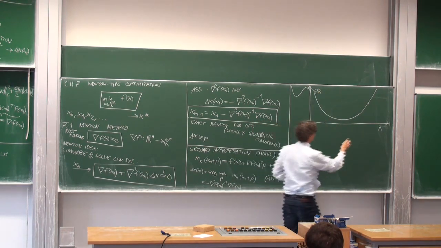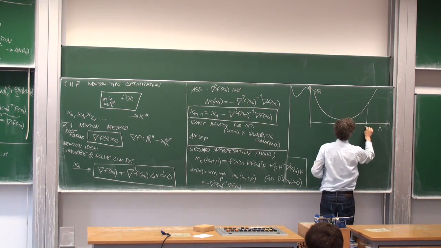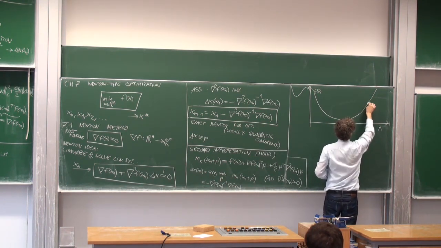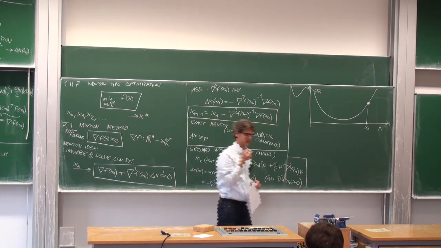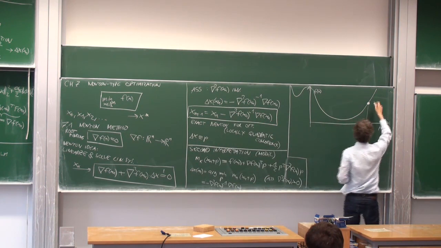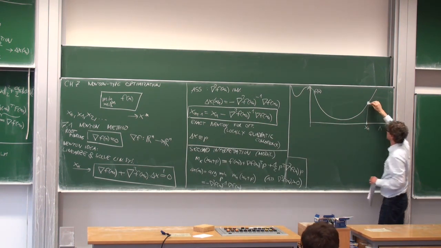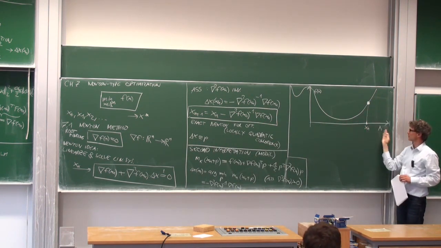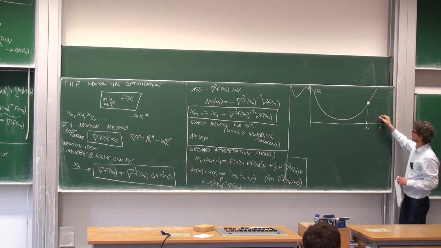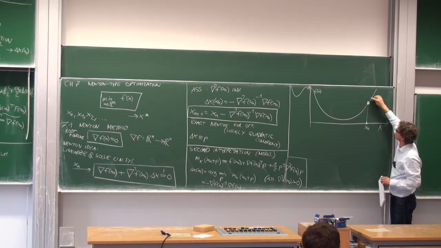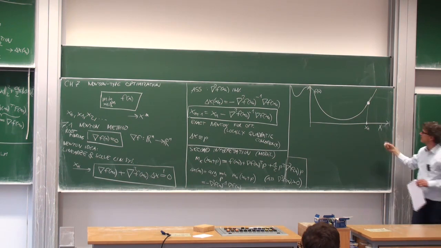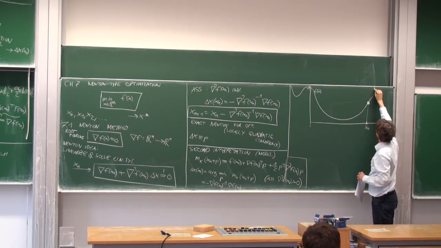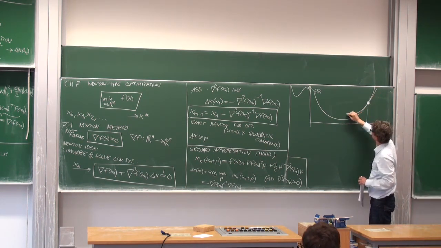At a certain point, which is my current iterate, I take xk, and at this point I don't do just a first order Taylor series, but I do a second order Taylor series, and with a second order Taylor series I have something which depends on my coordinate x, in a way that is of course tangential here, but it will also have a quadratic component, so the quadratic model might look, for example, like this.